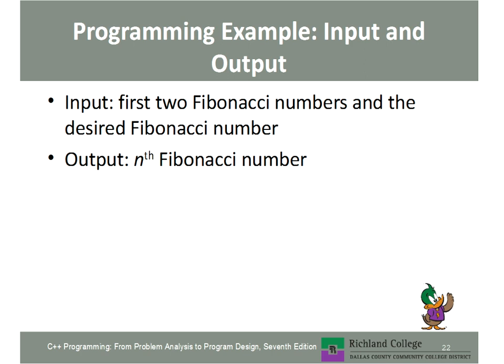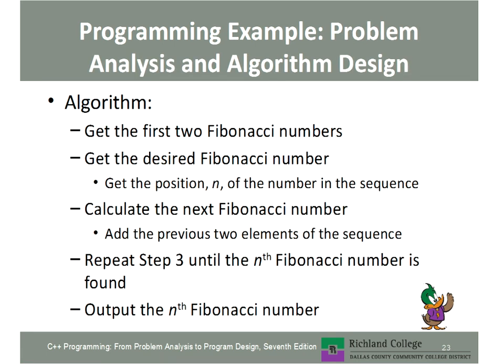Okay? So this is kind of like a pseudocode, right? Input first Fibonacci number and the desired Fibonacci number, output the nth Fibonacci number. Right? So that would be the basic understanding. What do I need for my program? Okay? So then how do I come up with an algorithm?